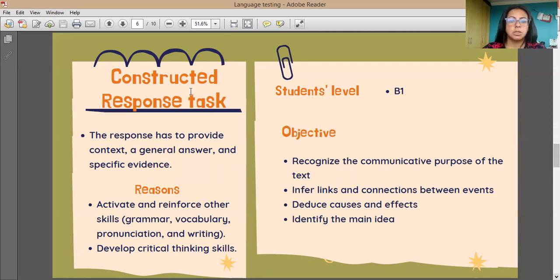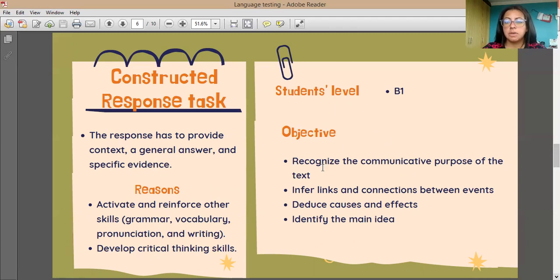So the reason I chose this type of task is because it can help to activate and reinforce other skills like grammar, vocabulary, and also to develop critical thinking skills. And I think this is really important.